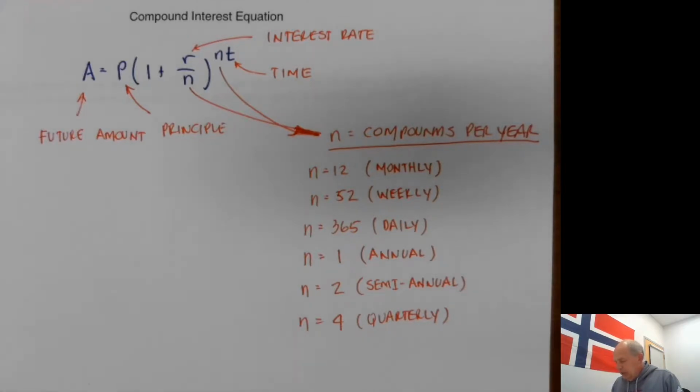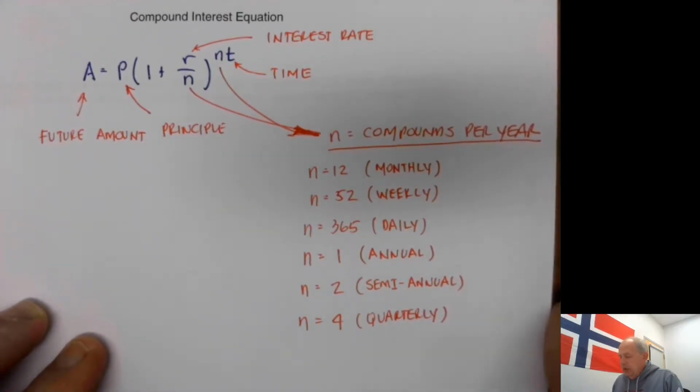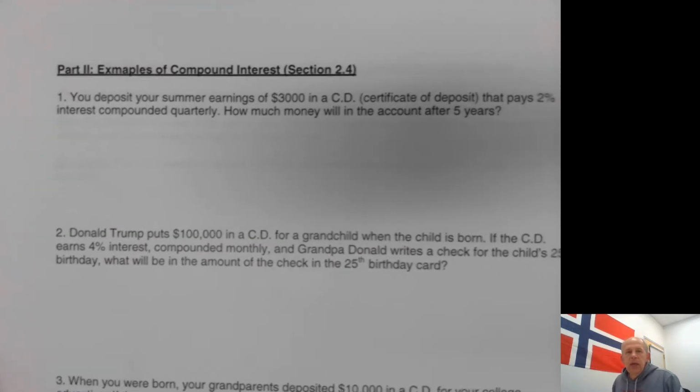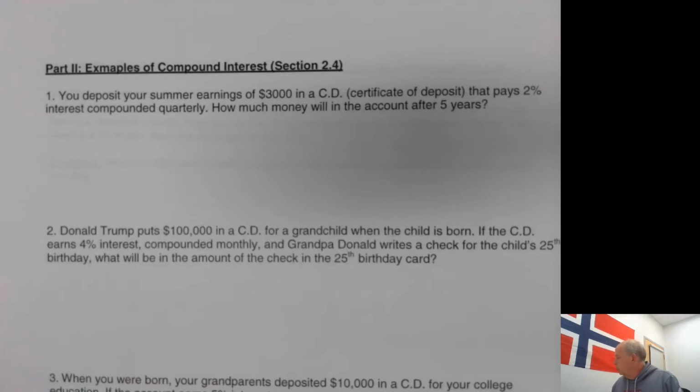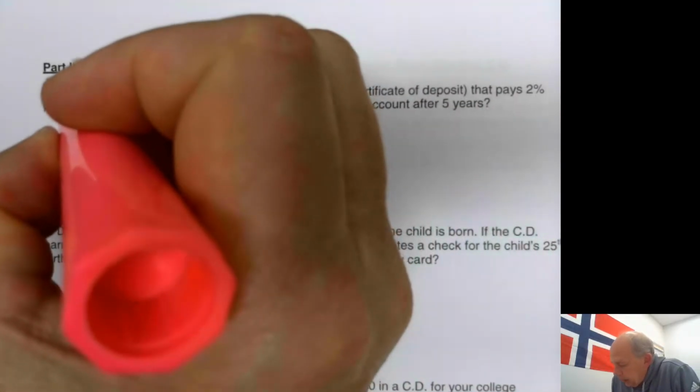Now, let's take a look at some examples of using this formula in a similar way we did for simple interest. And here's what we have for the first one. I'm going to mark up the numbers on this just like we did for simple interest. I see the word compounded.